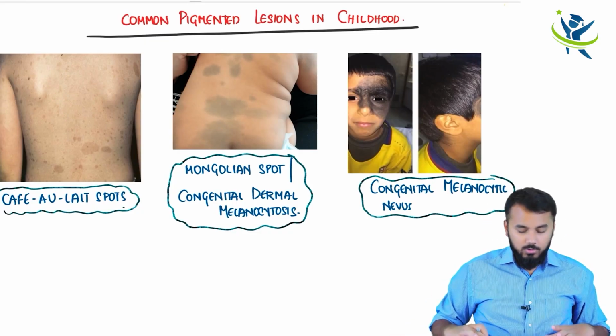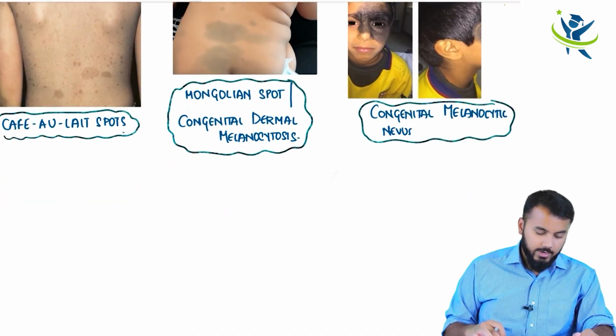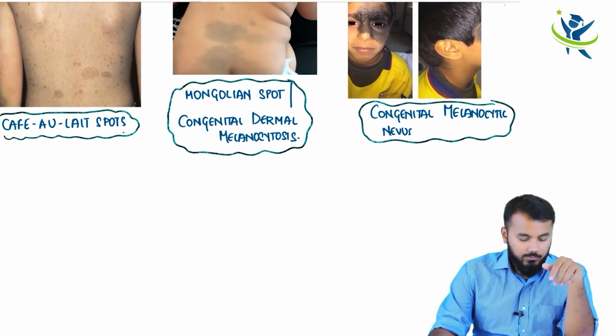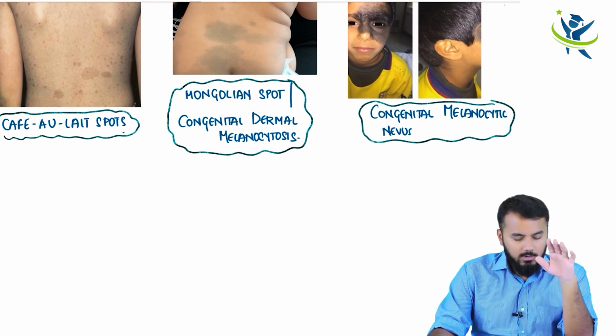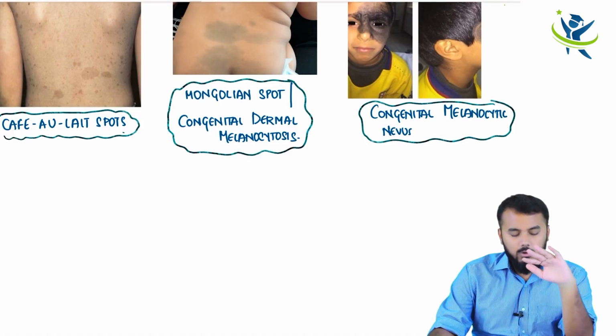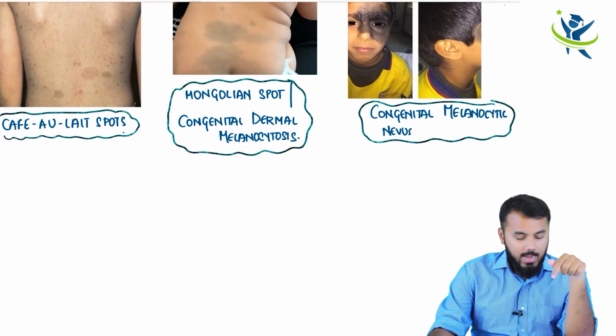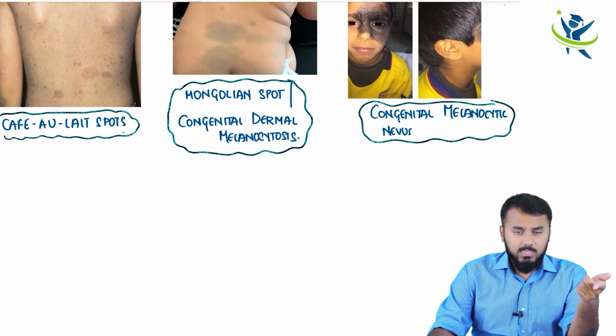Before I discuss that in detail, I just want to write a few points regarding café-au-lait spots. If you look at these spots, are they elevated or flat? Obviously they look flat. Are they hypopigmented or hyperpigmented? When you compare with the surrounding skin, these spots are hyperpigmented.